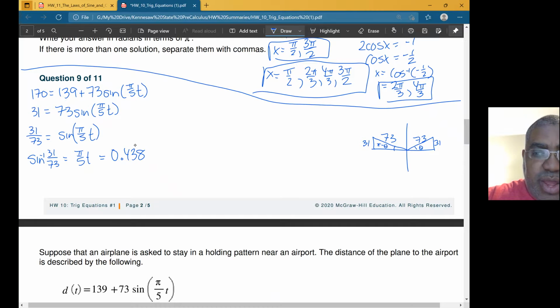But I could take the arc sine of this angle here and get the same thing because it's the same ratio.